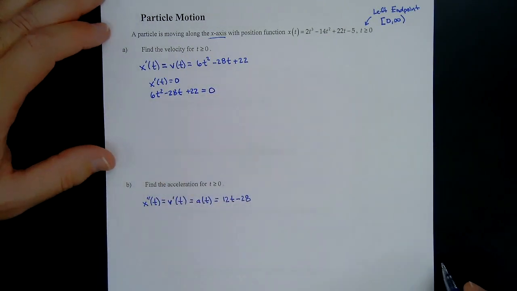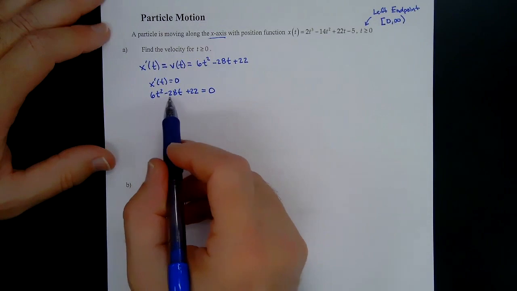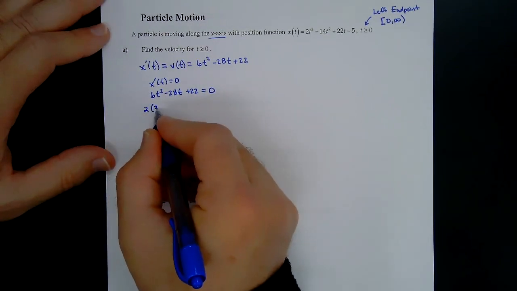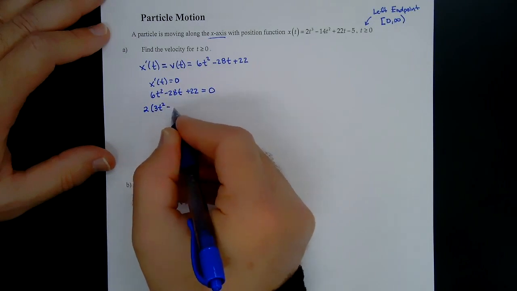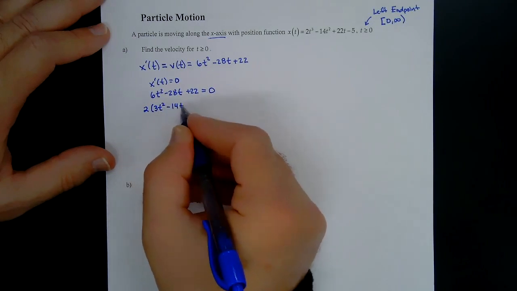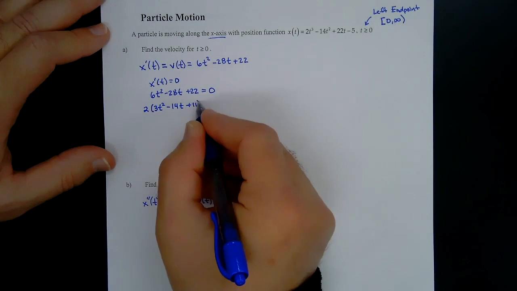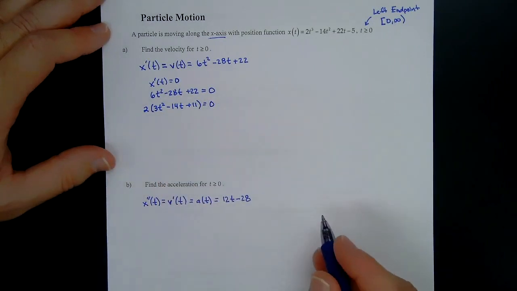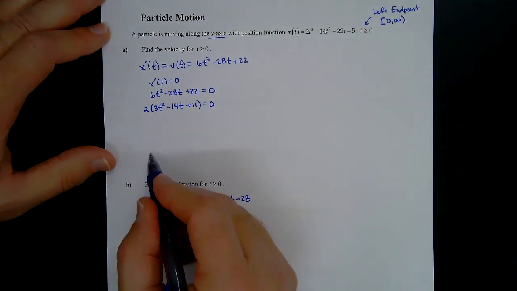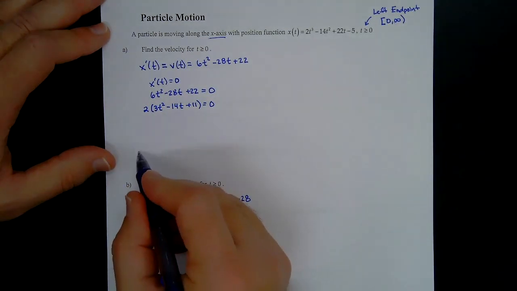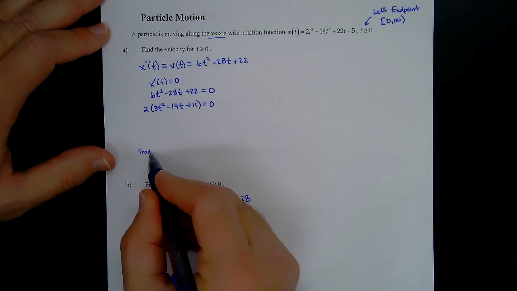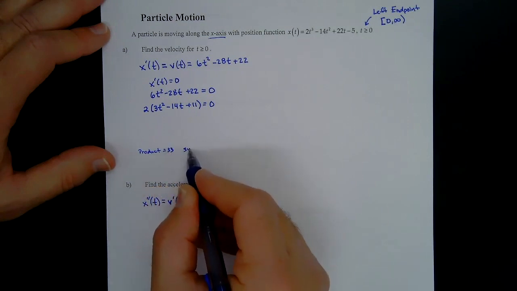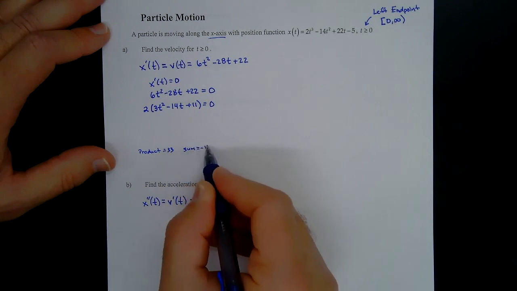Then you can factor out a 2 because all of these are even. That's the biggest number you could factor out. So 2 times 3t squared minus 14t plus 11 equals 0. You could do an area model. I'm going to do it down here. We're looking for a product of 33 and a sum equal to negative 14.